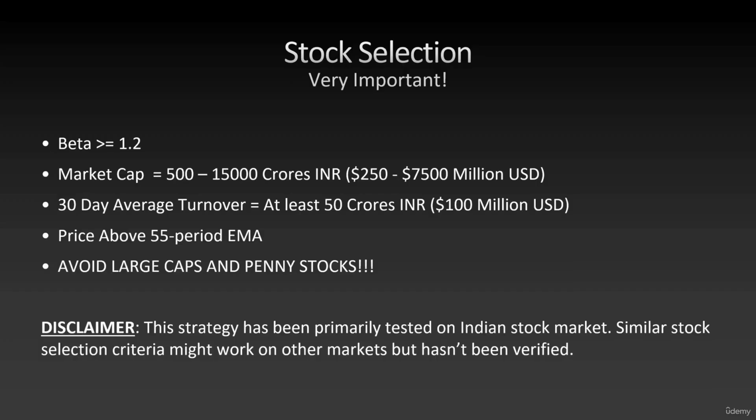First thing, beta. So what exactly is beta? Beta basically tells you how volatile the stock is compared to the benchmark or the index. So for example, if I talk about India, we have Nifty 50 index, or if we talk about US, we have S&P 500, right? So compared to the index, how much the stock moves.